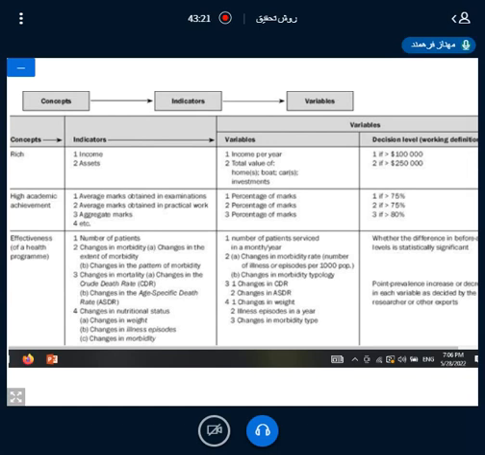Concepts can lead to indicators, and then can lead to variables. For example, this concept about rich. The indicators are income and assets. That is a good example. So the variables can be income per year, total value of home, boat, car, investments. So these are the variables.